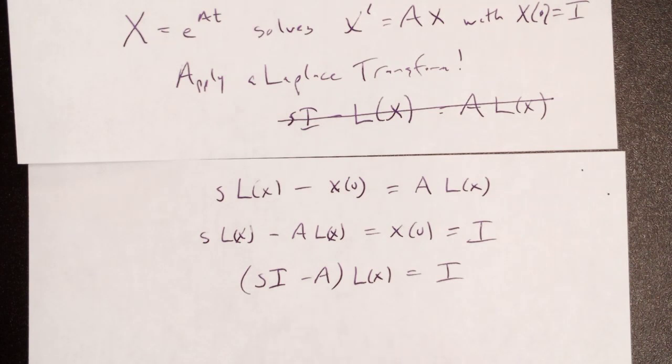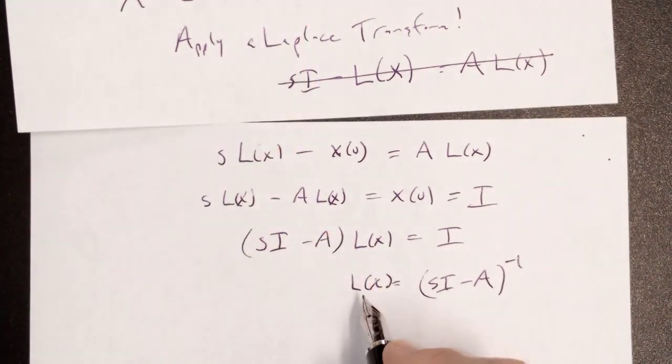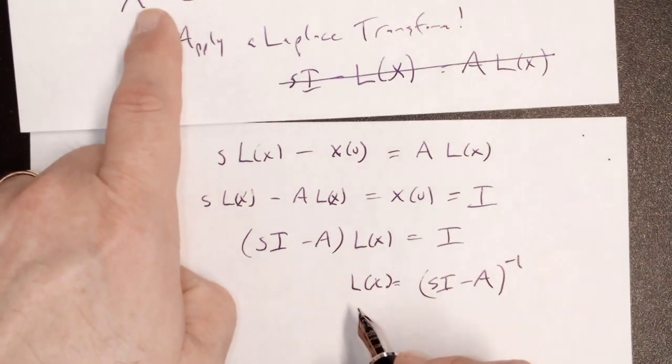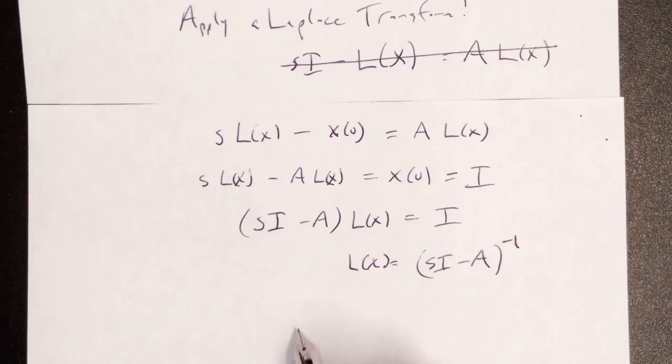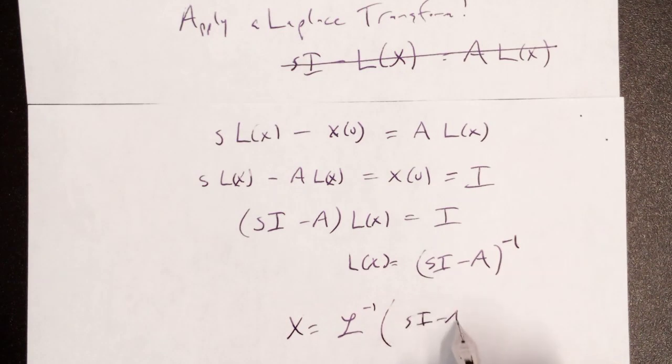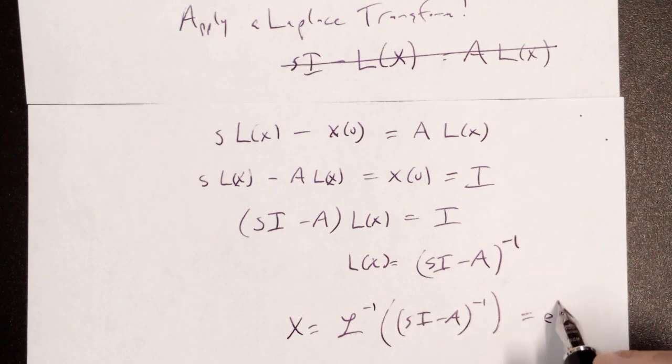So L of x is (SI minus A) inverse. And then I use the inverse Laplace transform here, and that'll give me e to the at, because this is our solution, x equals e to the at. So when I undo this Laplace transform, I should get the inverse Laplace transform of (SI minus A) inverse, and that will be e to the at.